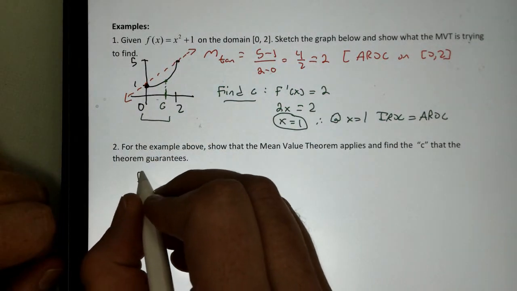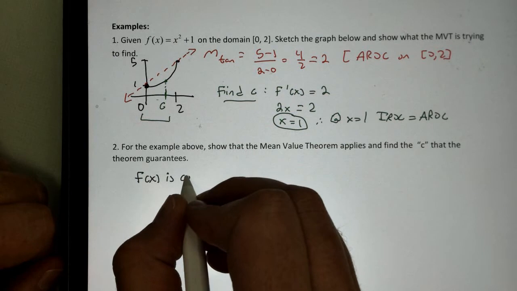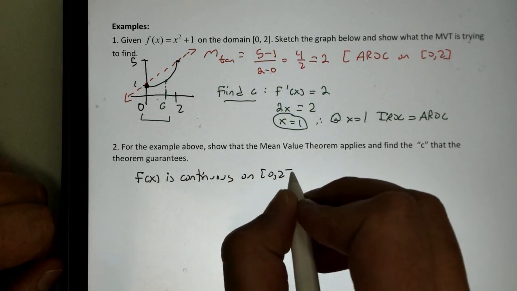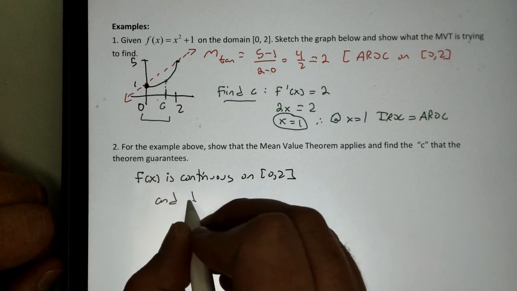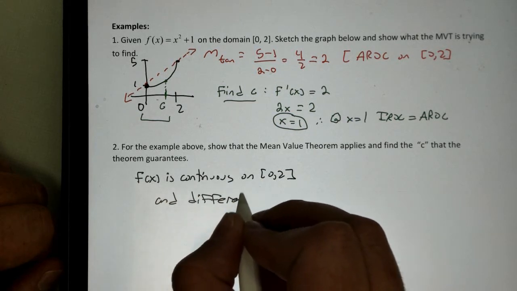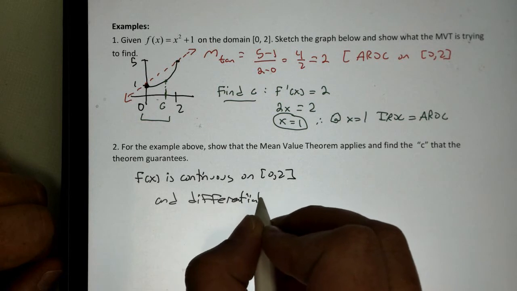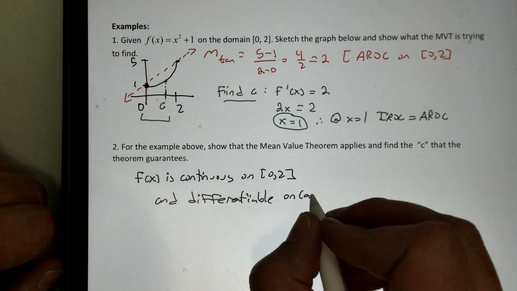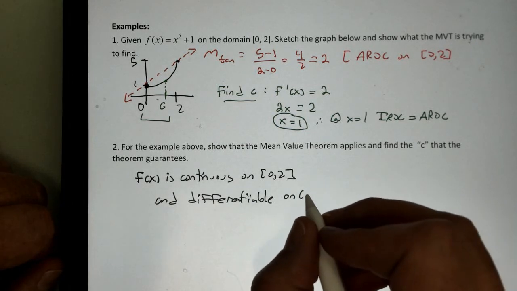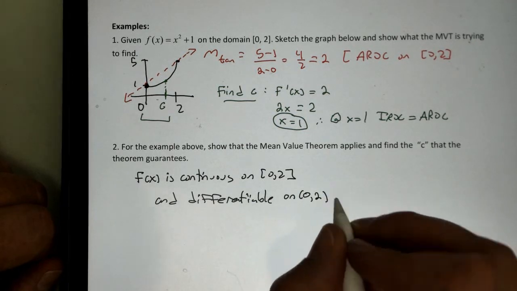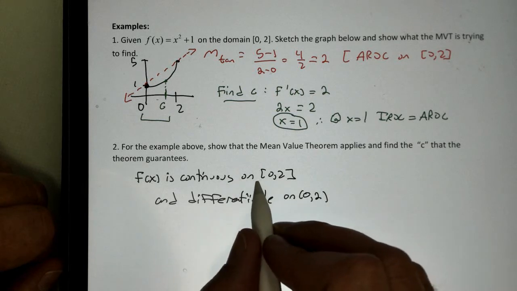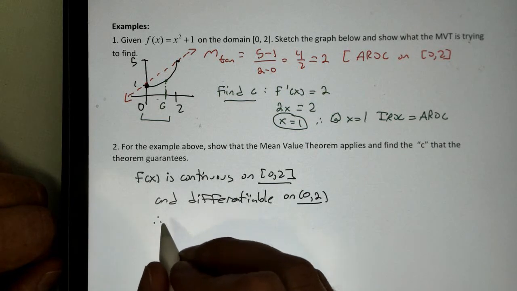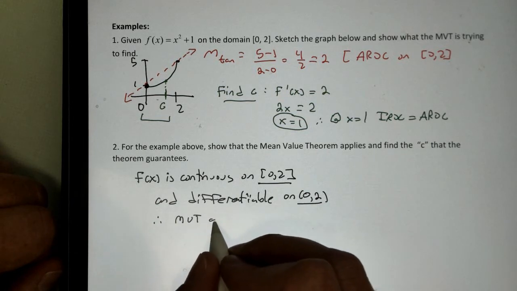So we're going to say f of x is continuous on the closed domain 0 to 2 and differentiable because it's a smooth function on the open interval. Don't say a to b, that's terrible. On the open interval 0 to 2. Now you have to mention closed and open. You got to mention those. Therefore, we can say that the MVT applies.